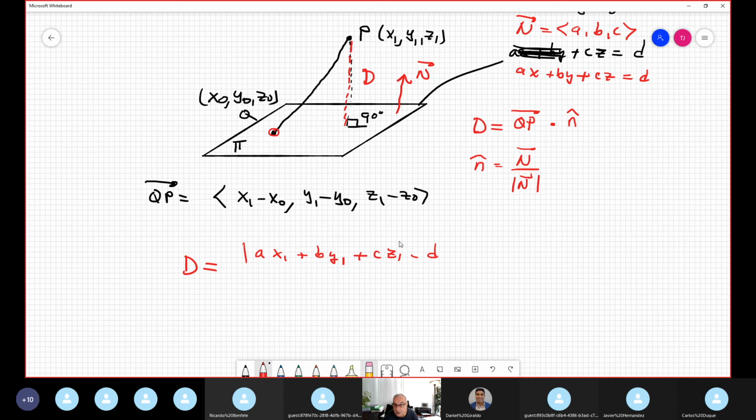They are the coefficients in the plane. The absolute value of this, divided by the square root, which is the magnitude of the normal vector, which is a squared plus b squared plus c squared. This is the formula for the shortest distance between the point and the plane.